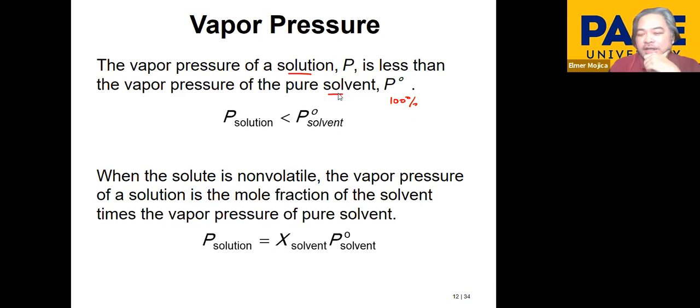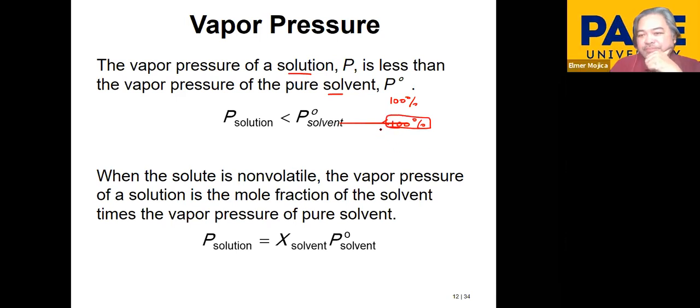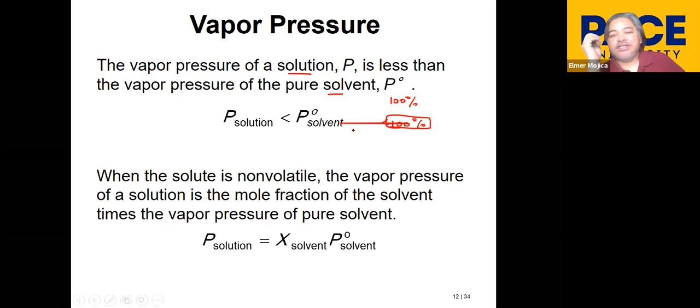Your composition in terms of solvent will now be less than 100. And usually the pressure depends on the amount of your solvent. The lower the percentage of solvent, the lower the vapor pressure of the solution, because the vapor pressure comes from the contribution of the solvent. So if you add the solute, the vapor pressure of your solvent decreases.